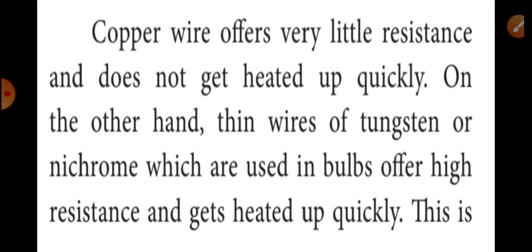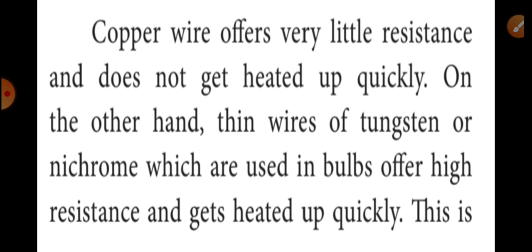copper wire offers very little, very low resistance and does not get heated up quickly. On the other hand, thin wires of tungsten or nichrome, which are used in bulbs, offer high resistance.